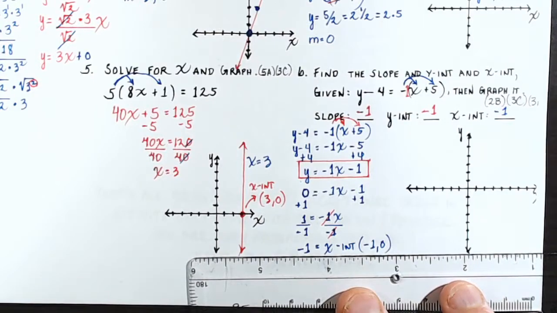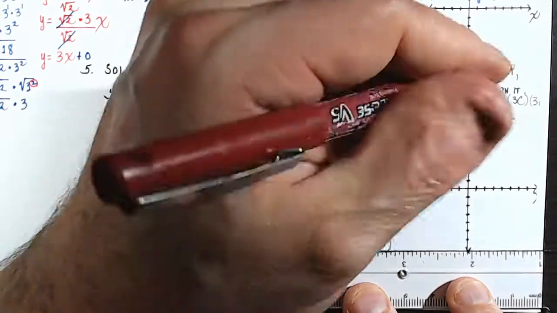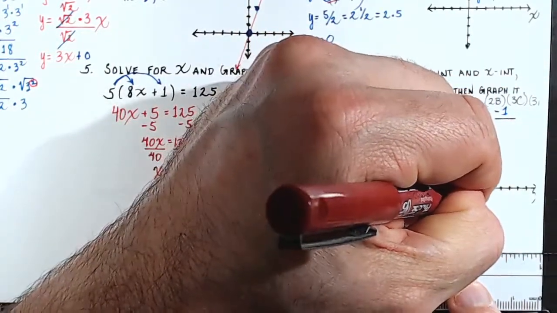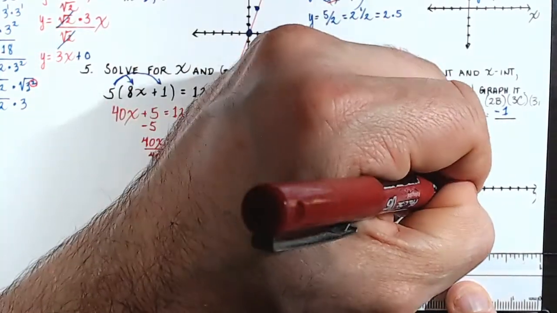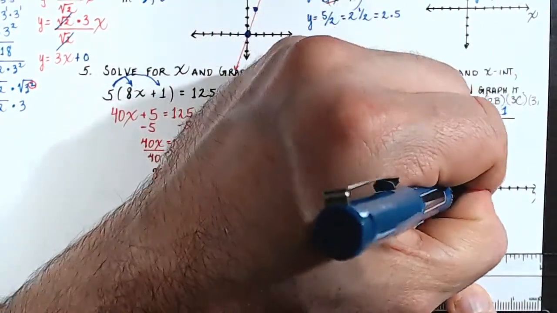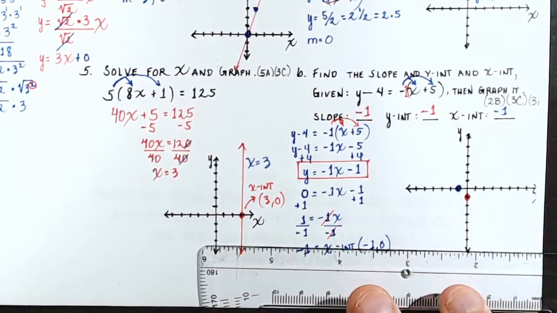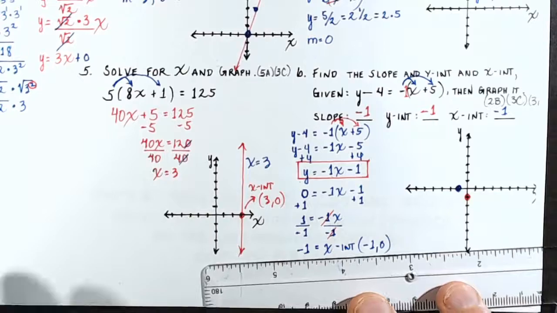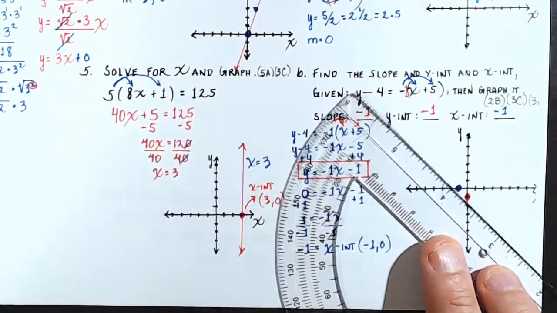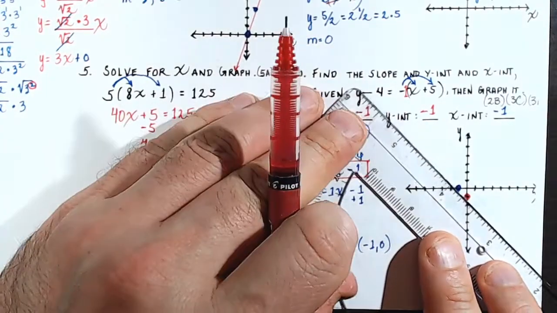Let's now plot everything. So we've got a y-intercept at -1 right here, an x-intercept at -1, plot that in blue right here. Okay, I don't need to use the slope this time because I've already got 2 points, so I just need to draw a line through those 2 points.